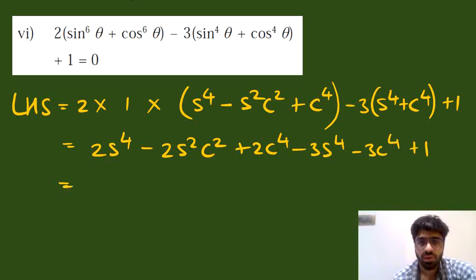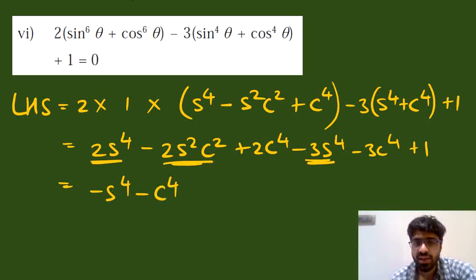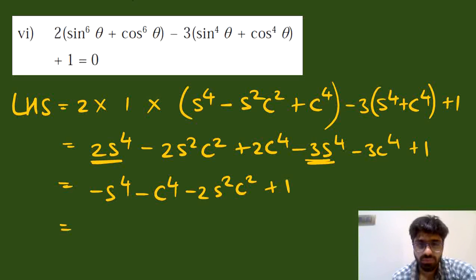plus 1. Okay. 2 sine power 4 minus 3 sine power 4 is minus sine power 4 theta, plus 2 cos power 4 minus 3 cos power 4 is minus cos power 4 theta, and then we have minus 2 sine square theta cos square theta plus 1.